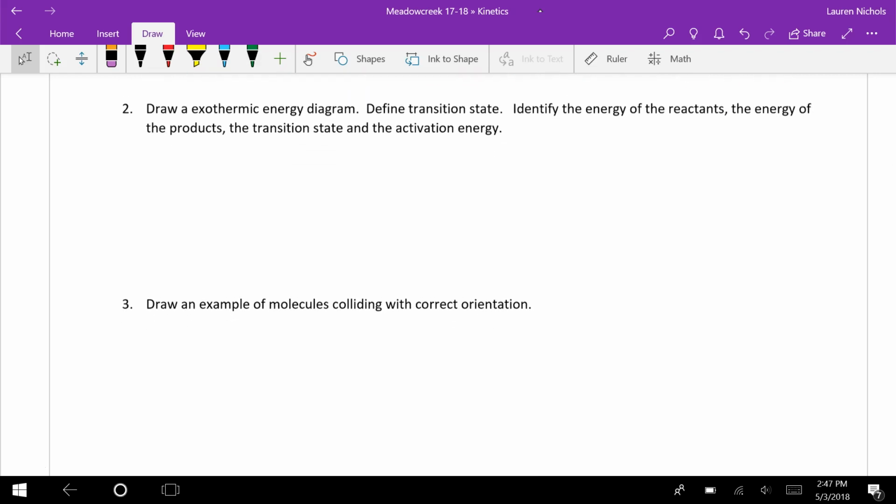And so if we look at number 2, it says draw an exothermic energy diagram. Now these energy diagrams we talked about last unit, and we've brought up a lot in the videos for this unit.